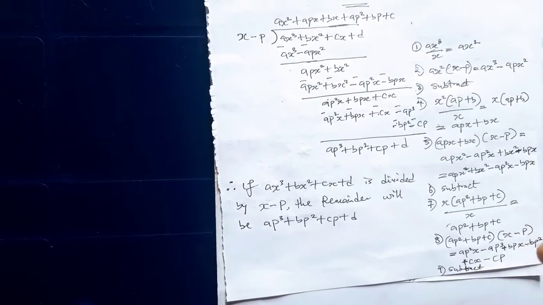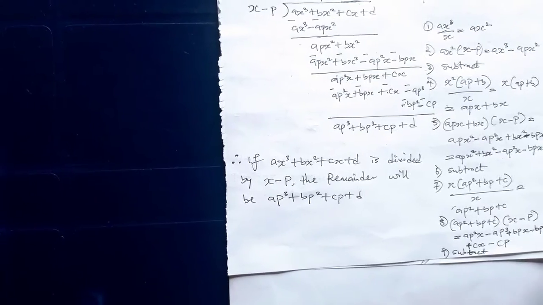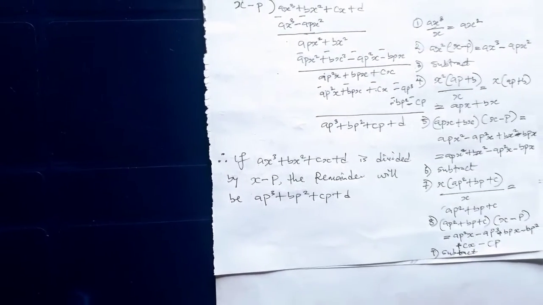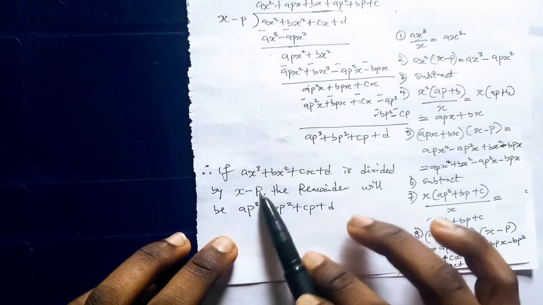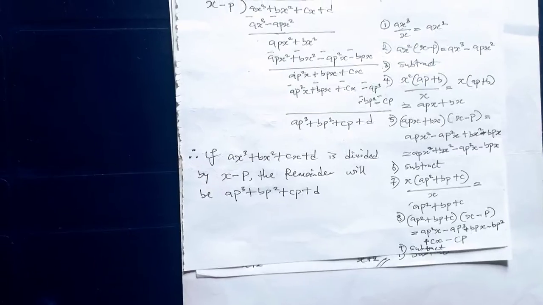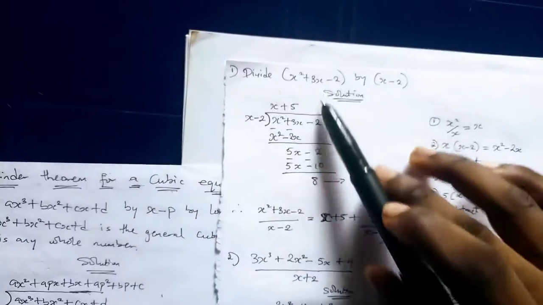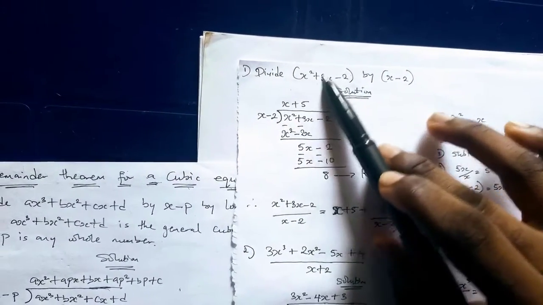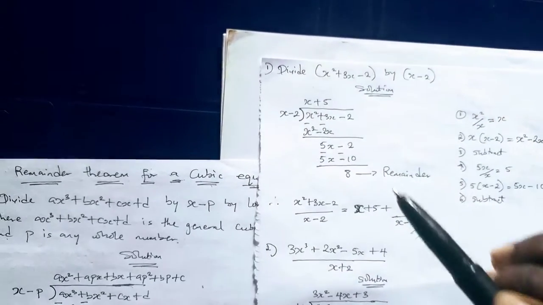Now, in an algebraic expression or equation, the remainder is not actually useful, but it is always important because it shows us if x minus p is a factor of that particular cubic or quadratic expression. Now, let's take this for example. This is a quadratic equation to be divided by x minus 2.